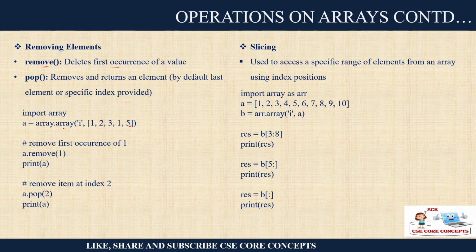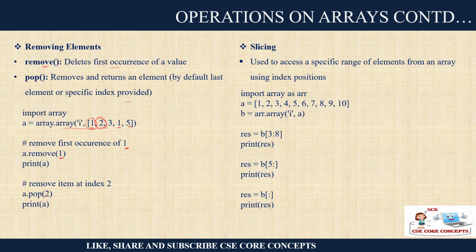Let's say this is an array. If you want to remove 1, now suppose you have written 1 two times, right? Whatever is the first occurrence of 1, it will remove. Suppose you want to remove 2, this is the first occurrence of 2, it will remove. See, in a set data type we cannot have duplicates, but it is not so in array. You can have duplicates, right?